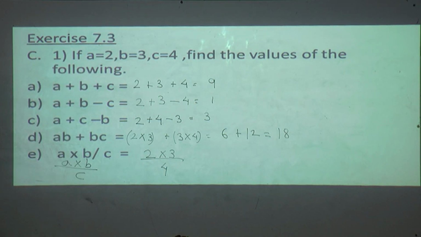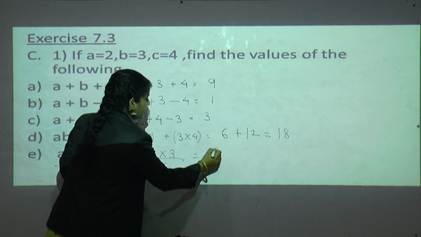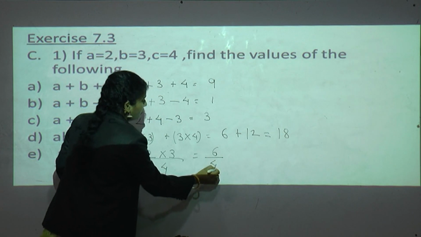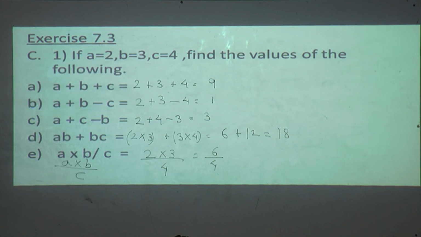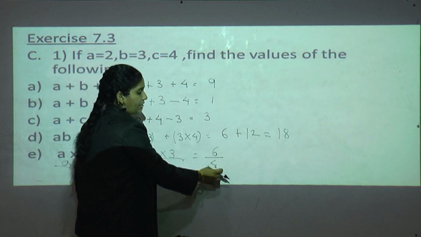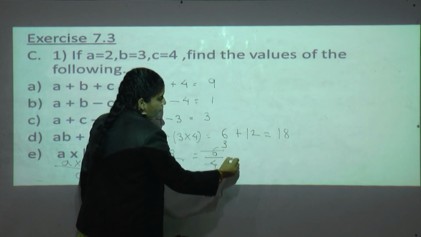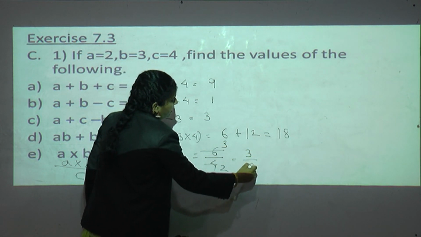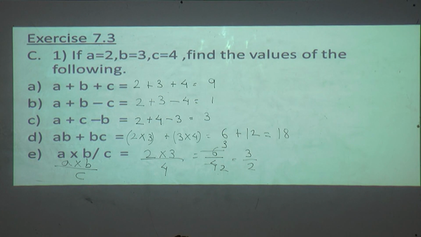Now if we multiply 2 by 3, our answer is 6 upon 4. So this one is the value. Okay. You can divide it also because 6 and 4 are in the table of 2. So you can divide also and you will get 3 upon 2. In this way you can find the values of the algebraic expression.